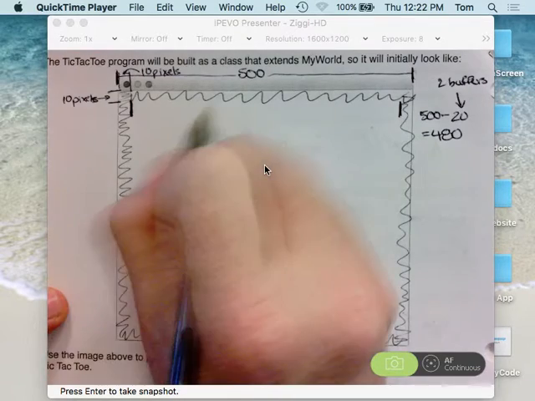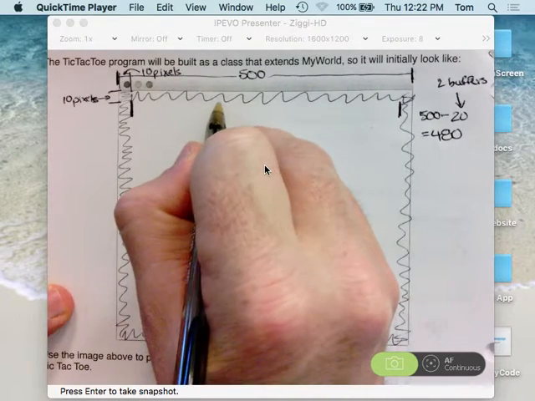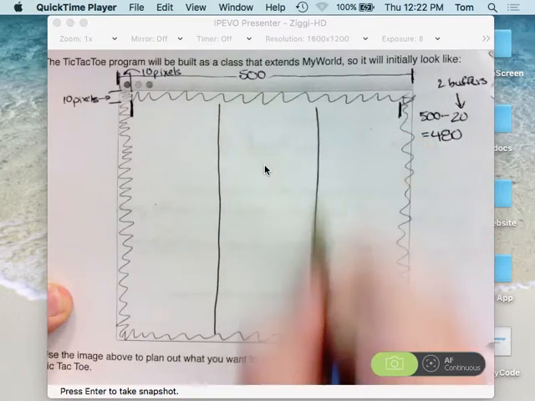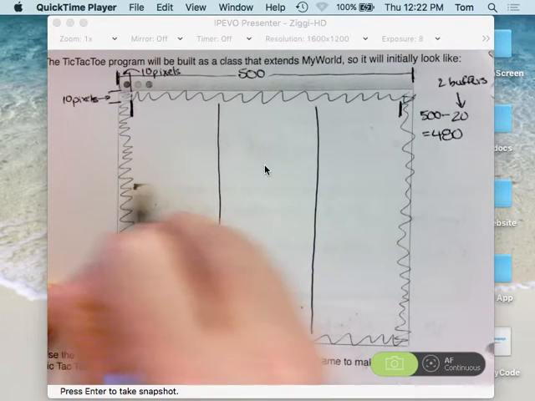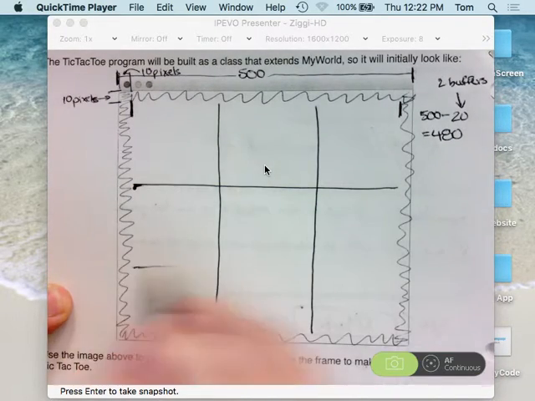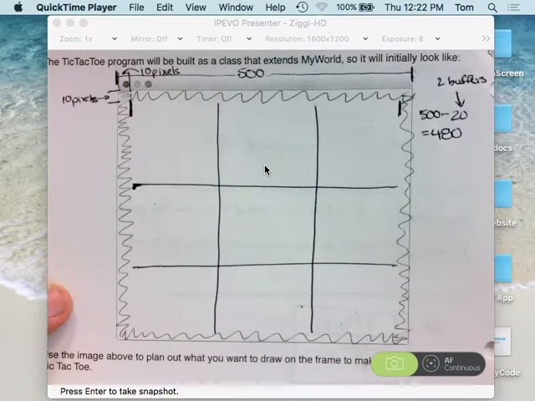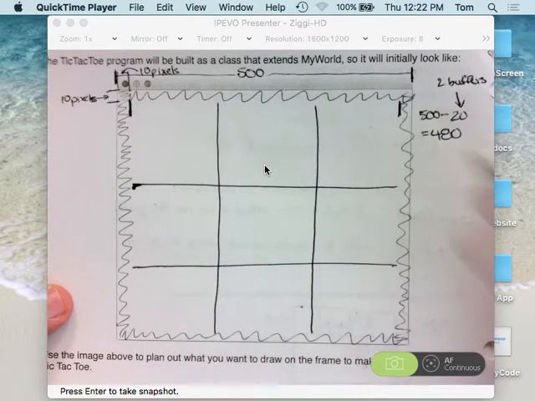And if you think about it, what I really want to do is draw a line here and here, and then draw a line maybe around here and here. I may not be doing a perfect job, but I'm doing an okay job. And so I want to take that 480 pixels and divide it into how many parts?